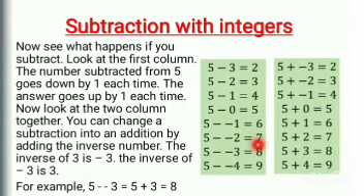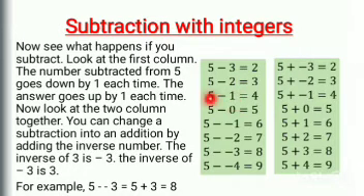Is that clear? Now this is 5 minus 1. Let's look at this one once again. Now 5 minus 1 is equal to what? 4. So you want to change this minus to plus. Is that okay? Now this one, what is the inverse of 1? Inverse of 1 is minus 1.